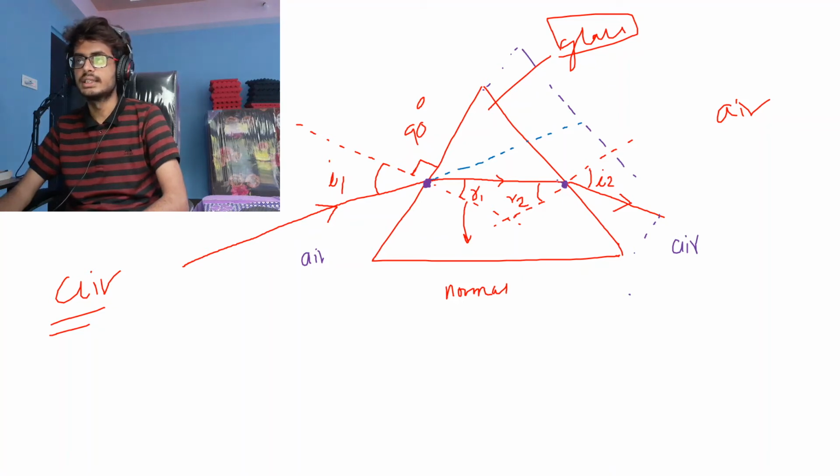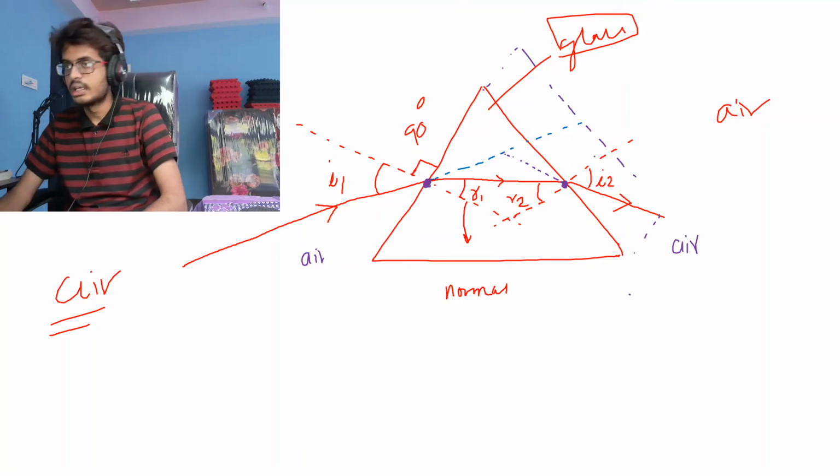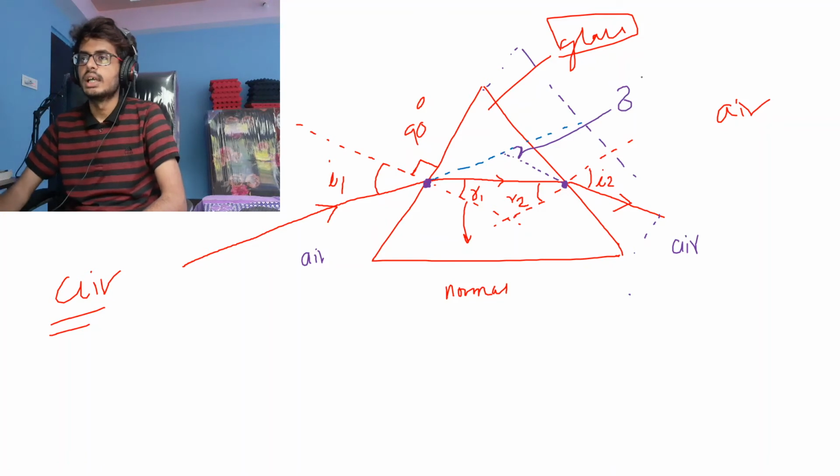And this dotted line is extended back from the second refracted ray after it emerges out of the prism. They meet at this point, and an angle is formed here. This angle is represented by the symbol delta and is known as the angle of deviation.